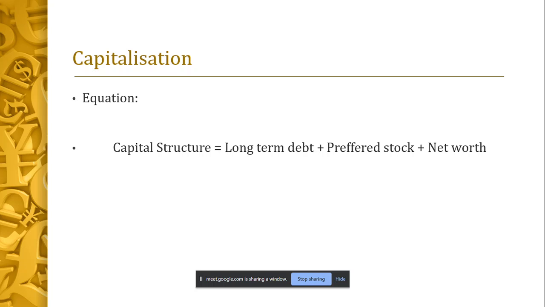Or it can also be said as total assets minus current liabilities. So those who want to take down, take it down.